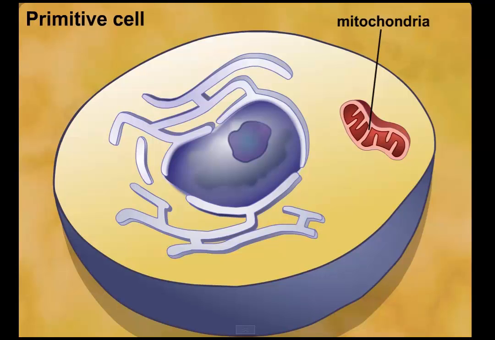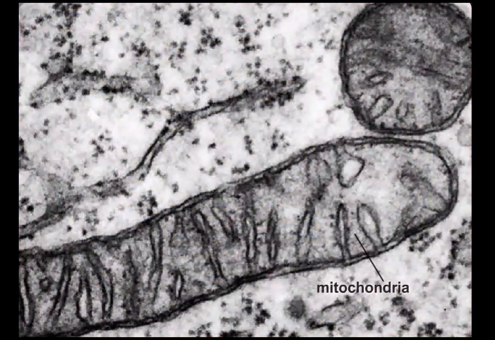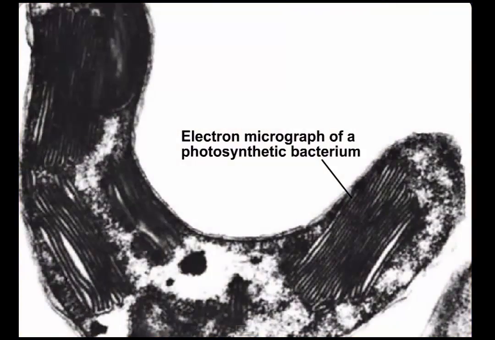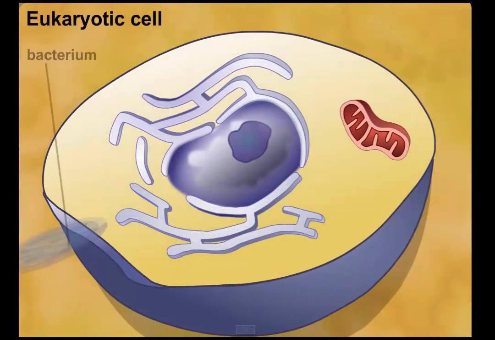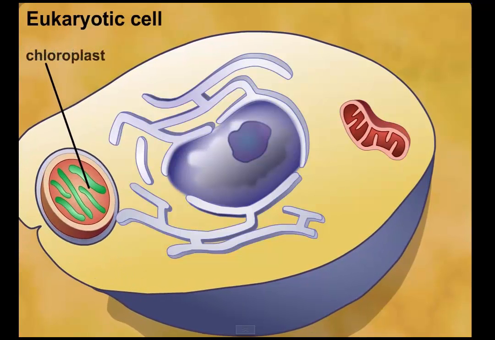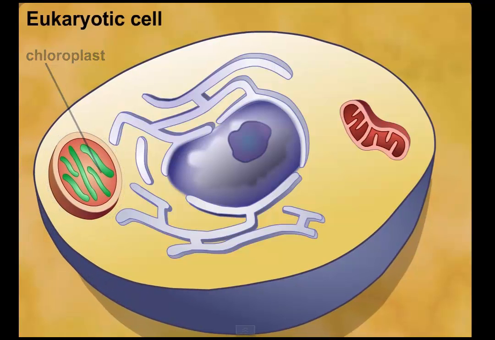According to the theory, energy-producing bacteria may have been engulfed by a larger primitive cell and come to reside within it, eventually evolving into what we now know as mitochondria. Photosynthetic bacteria use photosynthetic pigments embedded in internal membranes to derive energy from sunlight. These bacteria may have come to live within early eukaryotic cells, leading to the evolution of chloroplasts.